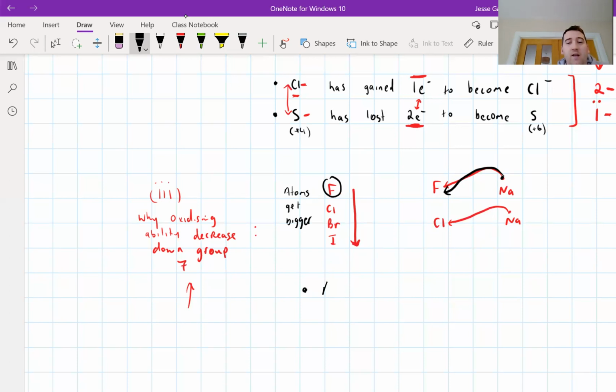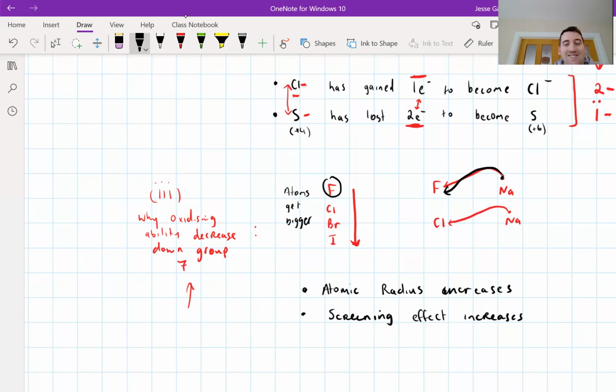So that's the first thing. The atomic radius, sorry, increases down the group. Increases, gets bigger. Another thing that happens is the screening effect gets bigger. More shells added means that the pull of this nucleus of this atom is less on the neighboring electron. Screening effect increases.